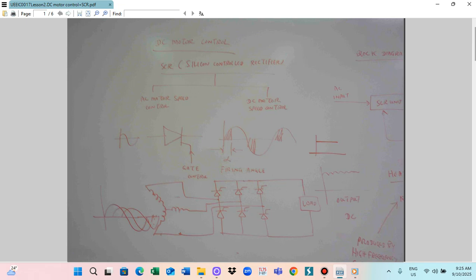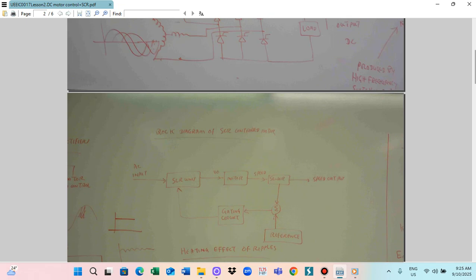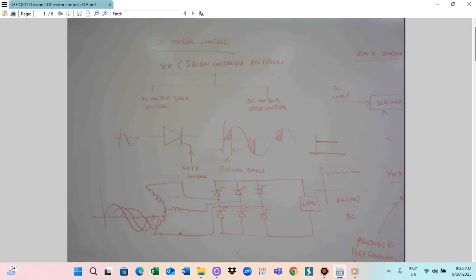This is the SCR system. With the SCR system we control the three-phase system. By controlling the three-phase, the input and output waveforms will be like this. This is the input phase A, phase B, and phase C. So this is the input waveform. The output we can call the low ripple output waveform.